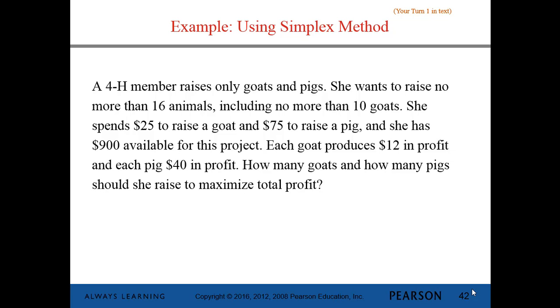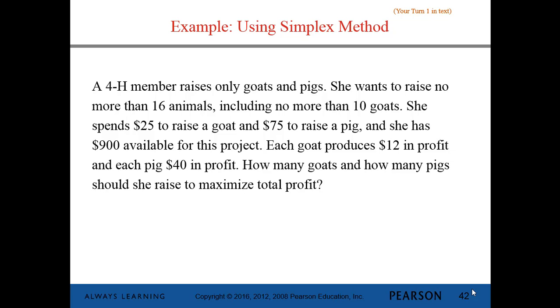Sounds very familiar. Each goat produces $12 in profit, and each pig $40 in profit. How many goats and pigs should she raise to maximize total profit? Okay, so we've seen this one before. We worked on the exact same example from chapter 3, section 3.2 if I remember right.